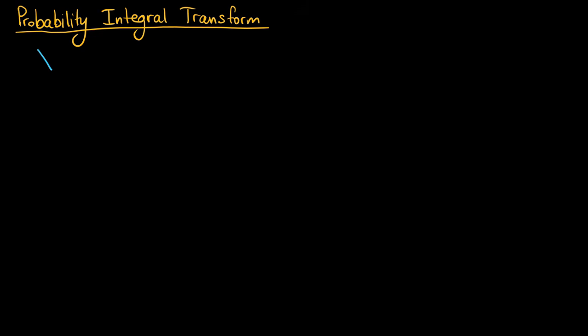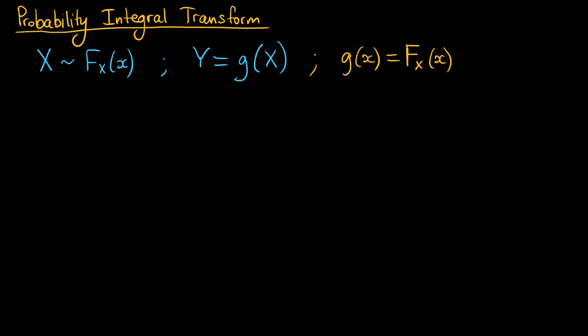Our usual setup has been that we have a random variable x with a certain CDF, and then we form a random variable y by applying some function g to that random variable x, and then we were trying to find the CDF of the random variable y. Now what if we picked for our function g the CDF of the random variable x? The CDF of the random variable x is a function of that lowercase x, right?